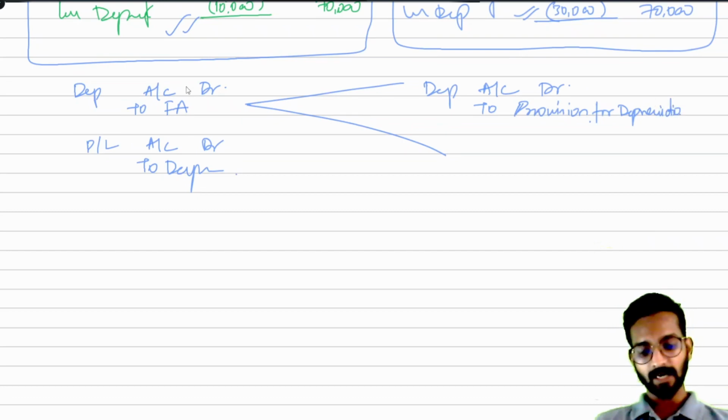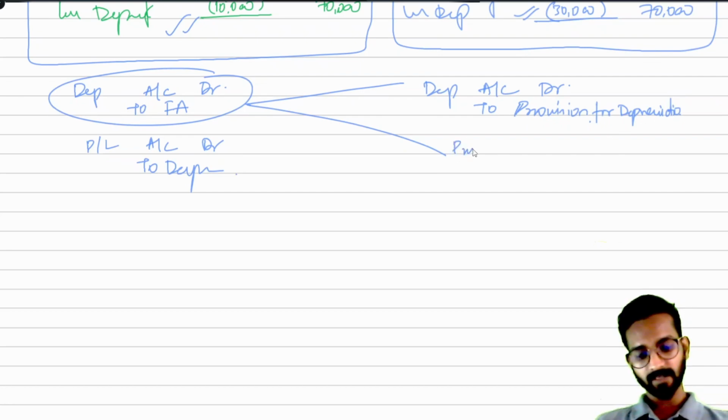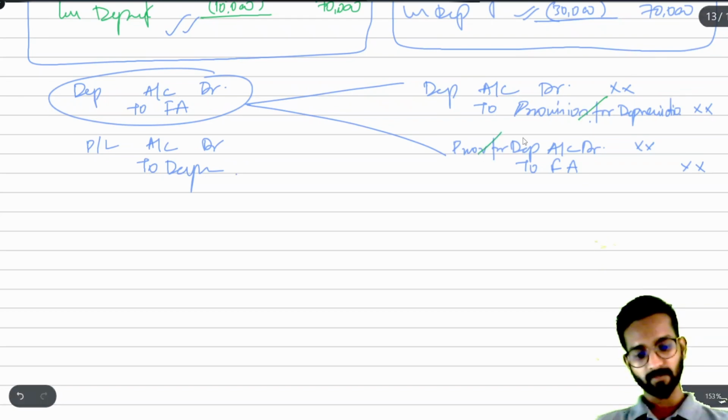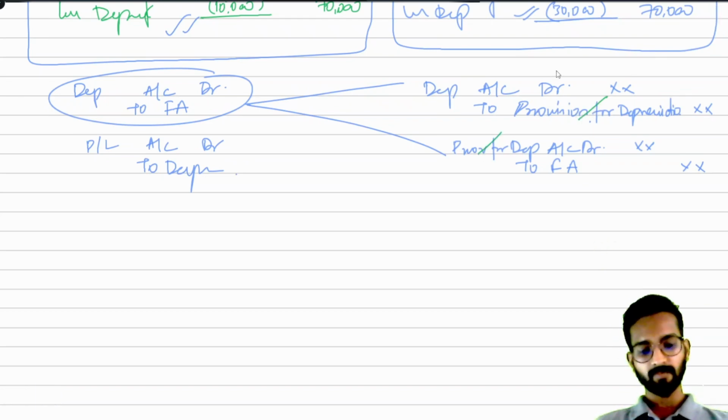Okay, see how they are breaking this entry: depreciation to provision, and then they will write the same thing, provision for depreciation account debit to fixed asset. Please focus and understand. If you see these two entries, if I cut provision and provision here, because credit and debit, the entry will be depreciation debit to fixed asset, which is this entry only.